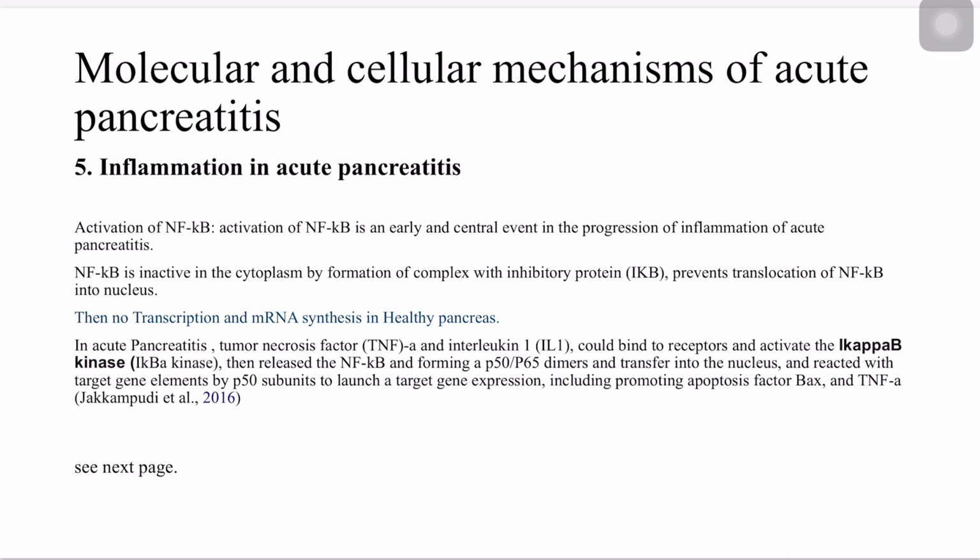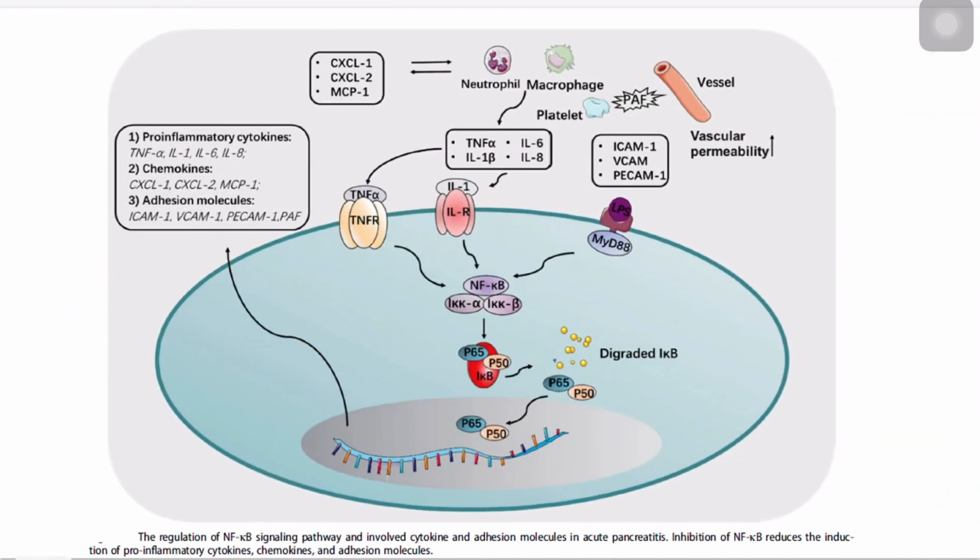Until here is a normal situation. As you see here in the mechanism, when inflammation starts, NF-kappa B is inactive and it cannot go to the nucleus and start transcription.